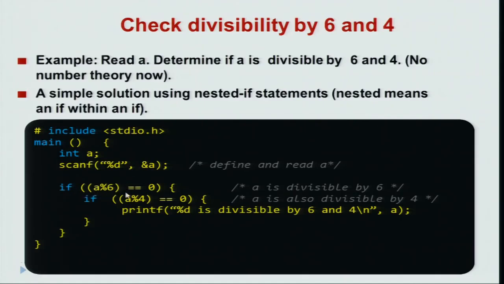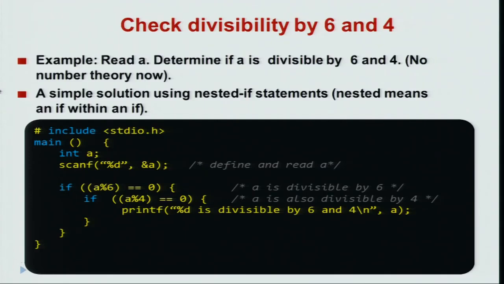So a modulo 6 is 0. If that is true, then you also check whether a modulo 4 is 0. Okay. If both are true, then you print that the given number is divisible by 6 and 4. So %d is divisible by 6 and 4, a.